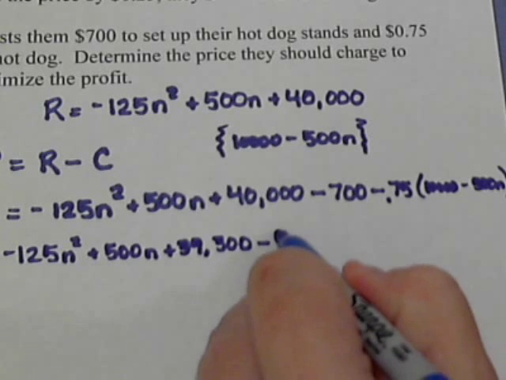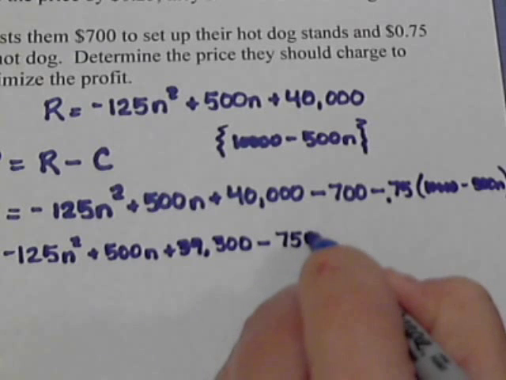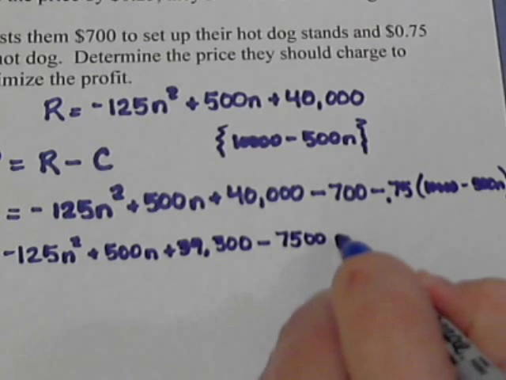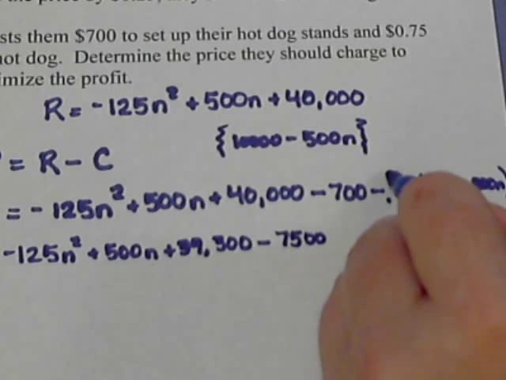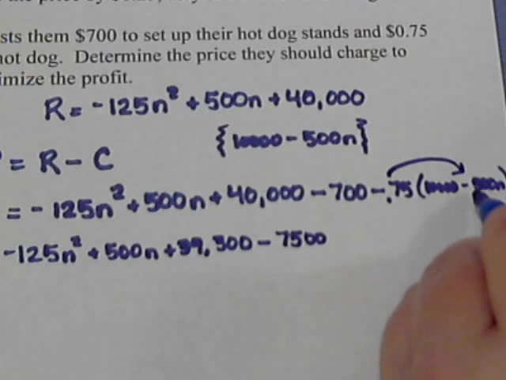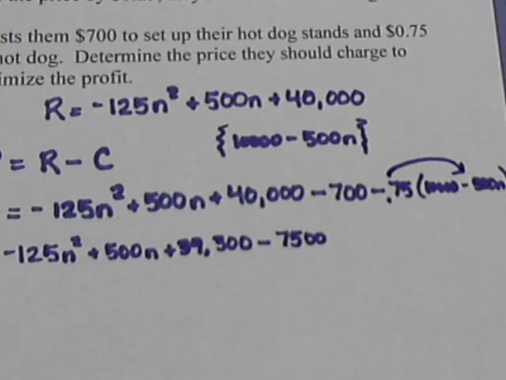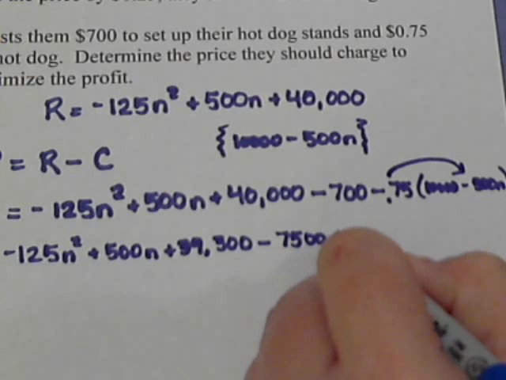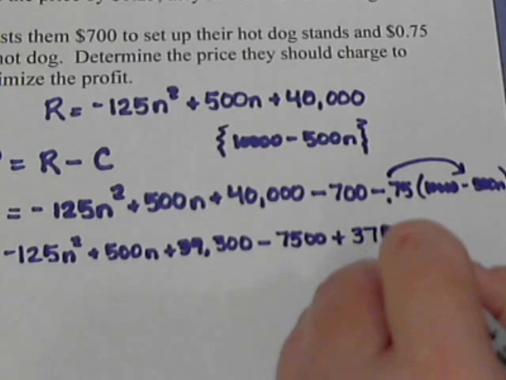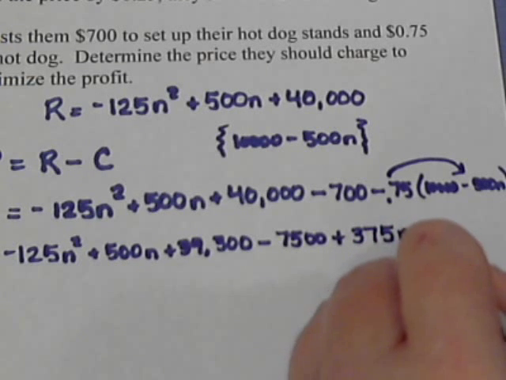So that's minus 7,500. And then also minus 0.75 times negative 500. So negative 0.75 times negative 500 is a positive 375 n.